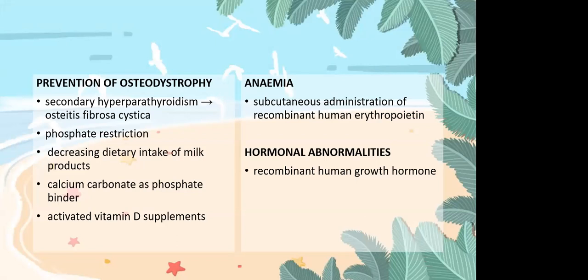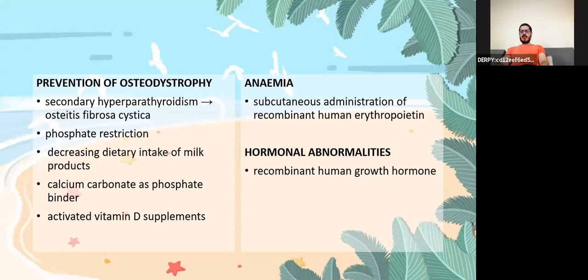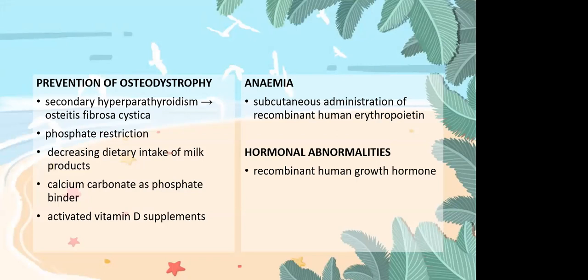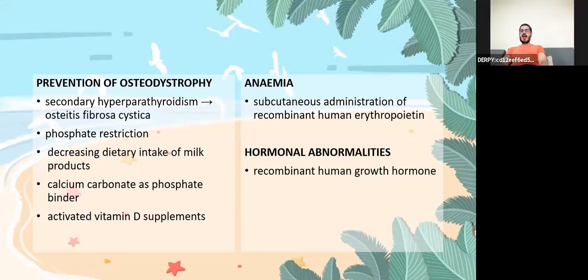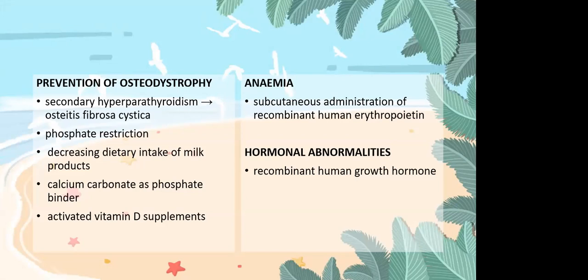Calcitriol. Okay, what do you mean by calcitriol? I think your answer is correct, but I want you to say it. Can you give me two numbers? 1 and 25. Yes, 1 and 25 dihydroxycholecalciferol.